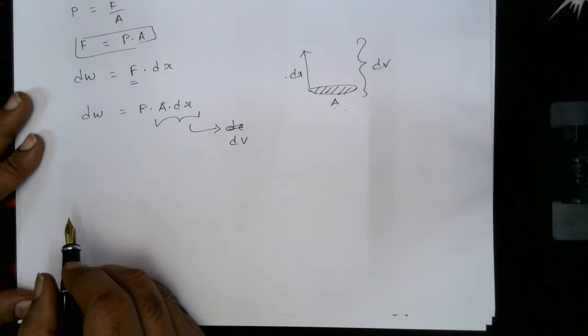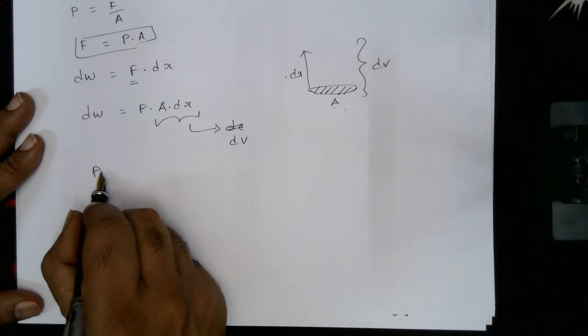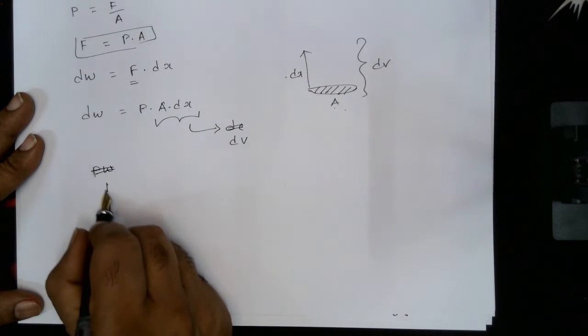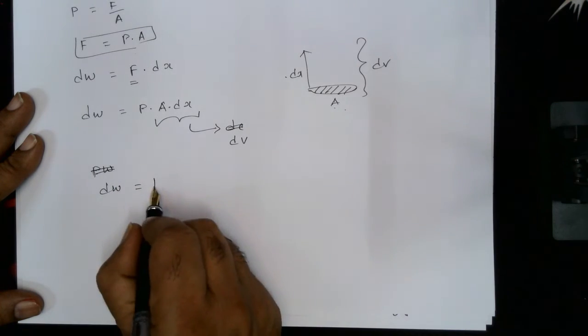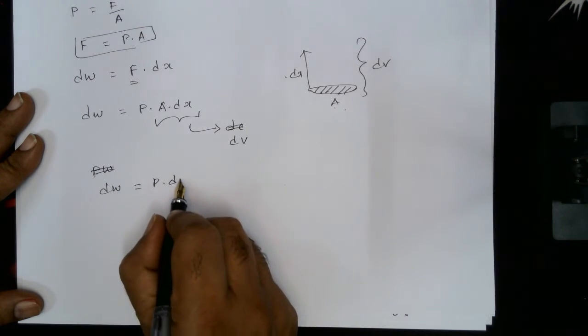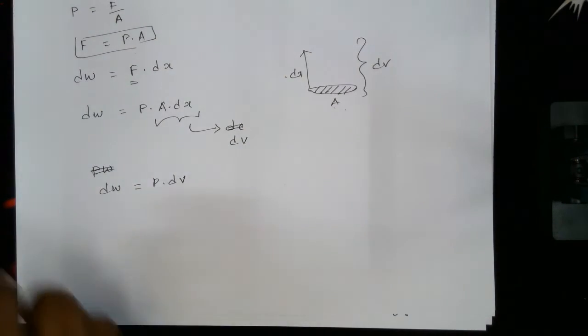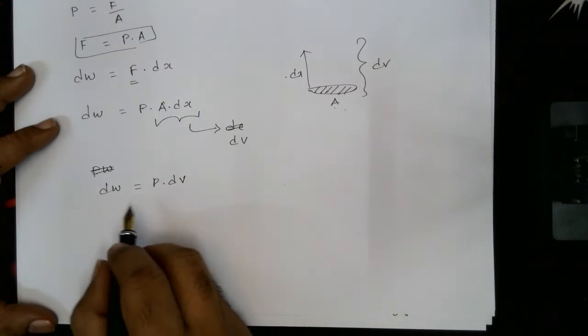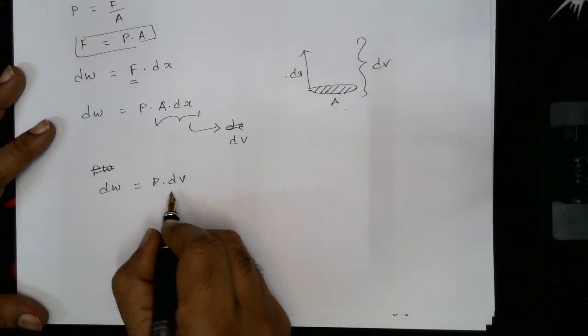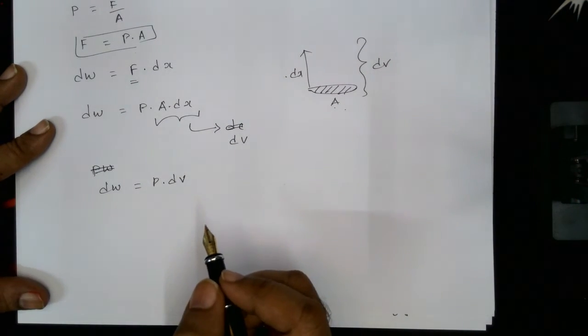Got it? Therefore dw can be replaced by p into dv. Okay, dw is equal to p into dv.